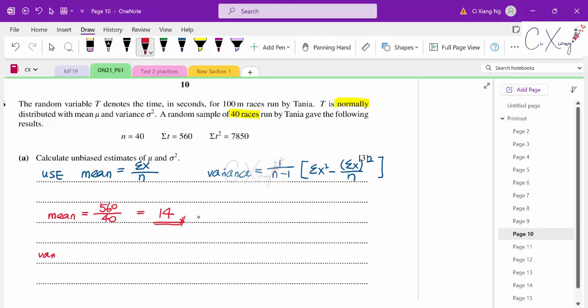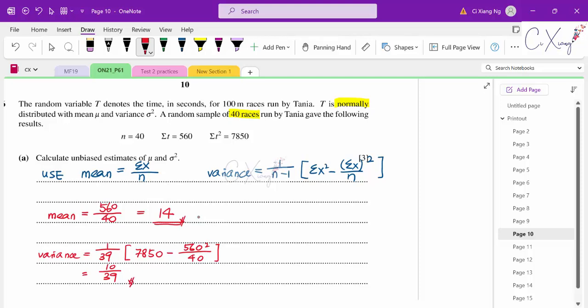You substitute in the values available here: 1 over n minus 1, so 39, times the summation of x squared, which is 7850, minus 560 squared divided by the original n, which is 40. You can keep your answer in fraction form, 10 over 39.